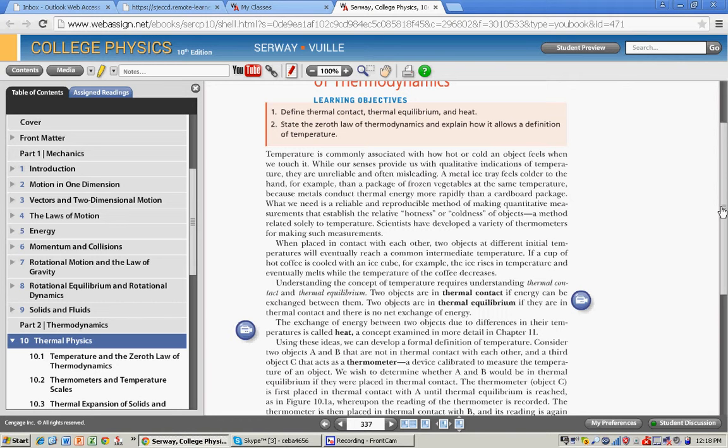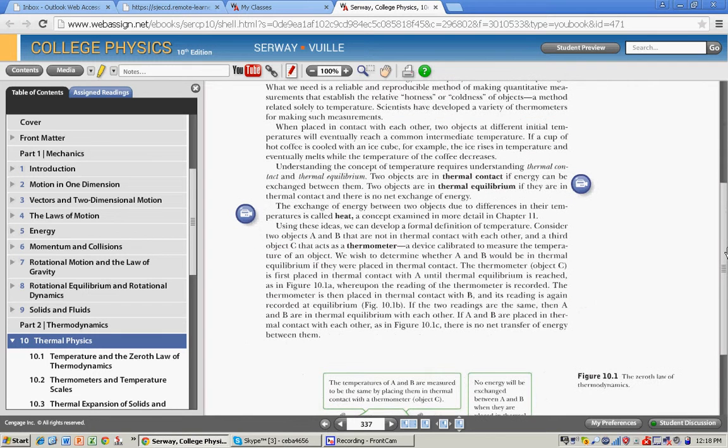So let's go through these basic definitions, and let's start with the zeroth law of thermodynamics. That's the cool thing, and for that we need to define what a thermometer is. A thermometer is an object.